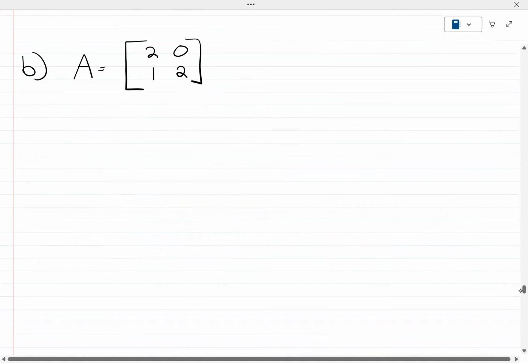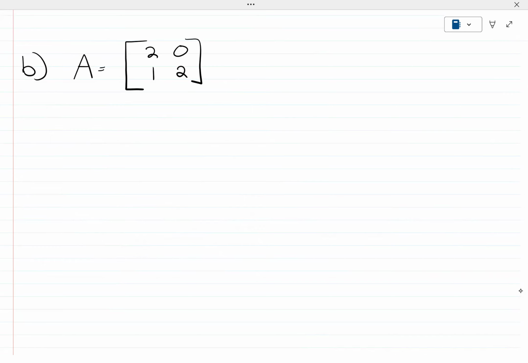So part B, you have this matrix A equals 2, 1, 0, 2. Because you have a zero here, that means our lambda is going to be 2 and 2.